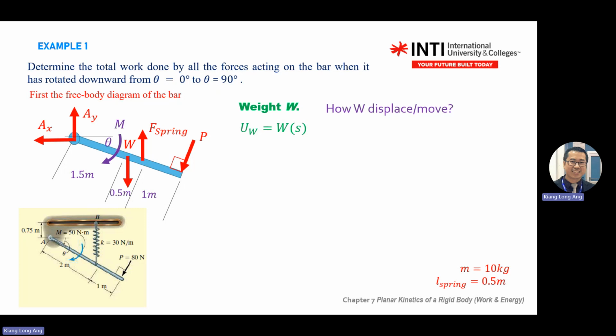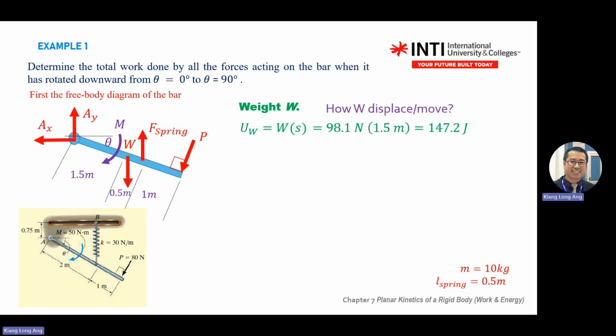This is G, this is W. What is the distance from P to W? What is this distance? It's 1.5. Who doesn't understand why it's 1.5? Okay, so your W is actually moving from 0 degrees to 90 degrees, so you are moving 1.5.